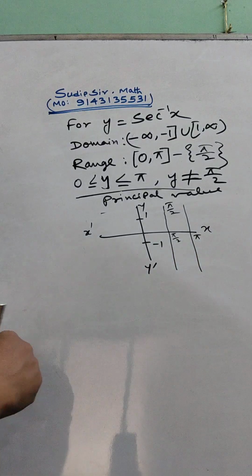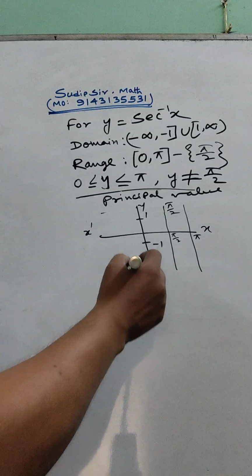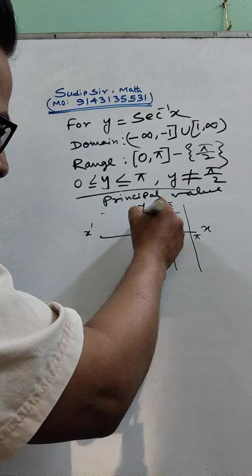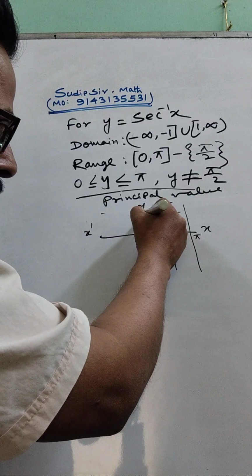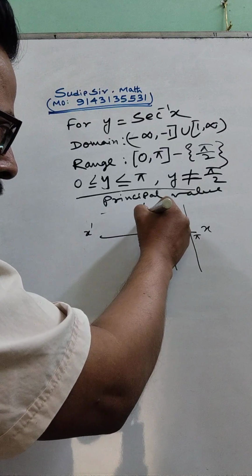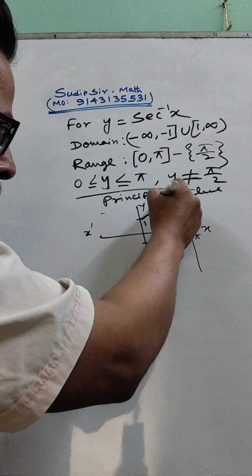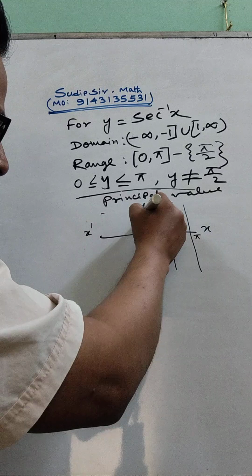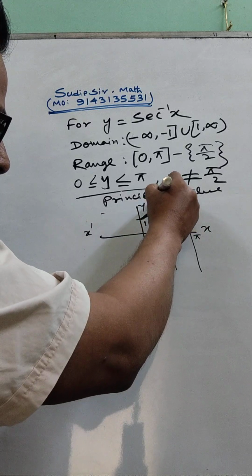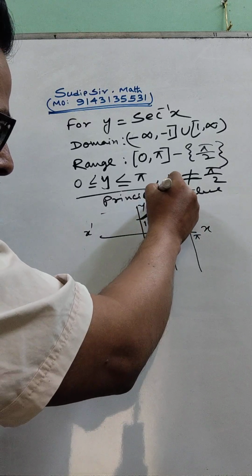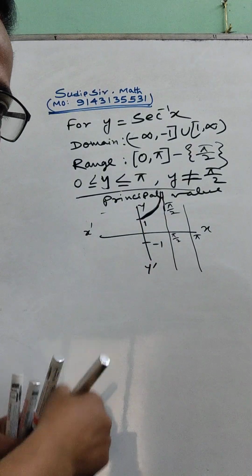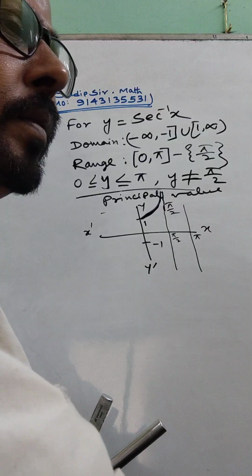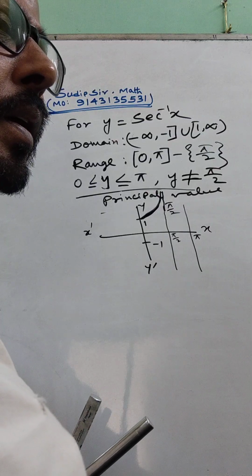So sec x will be like this. Sec 0 is 1, so it will touch there and then grow in this way.